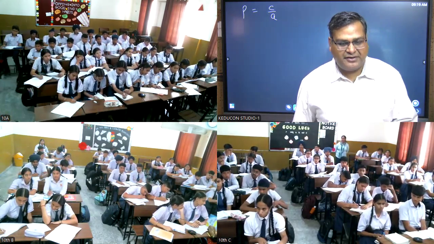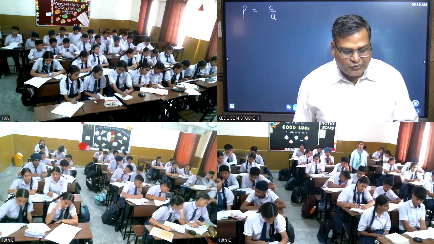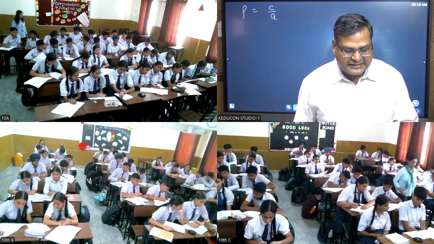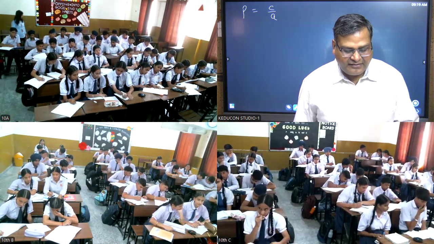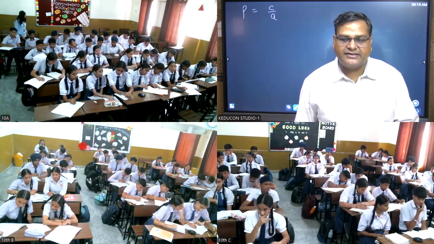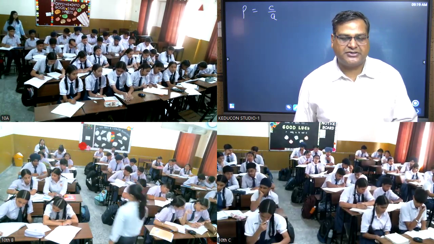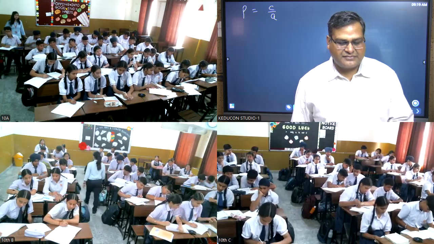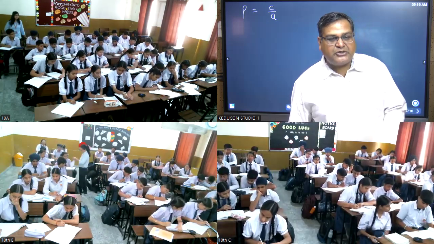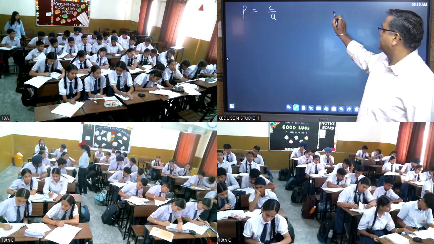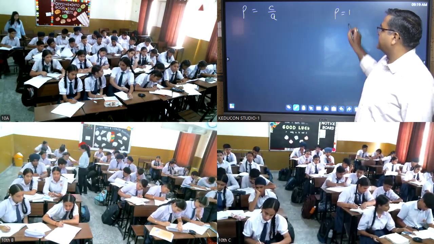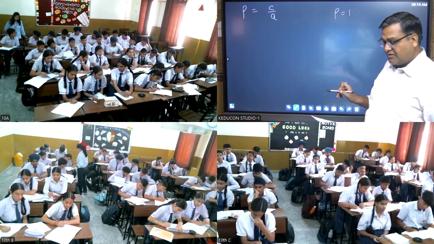Question number 21. If product of two zeros of ax square plus bx plus c is 1, then what is the relation between a and c? Please try this question, students. Product is given to you 1.